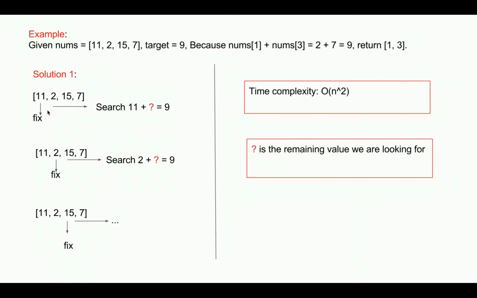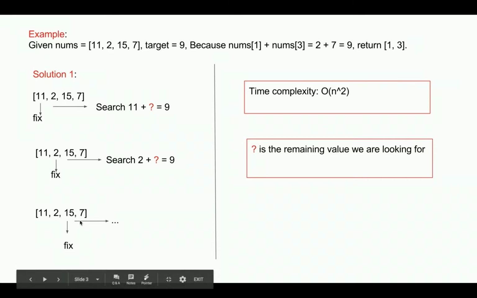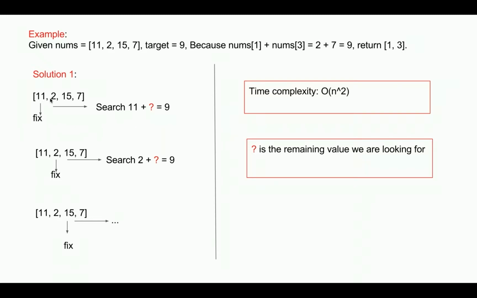So we first fix 11, and then fix 2, and then fix 15, and then fix 7. So this is one for loop, and this is the second for loop. So the time complexity will be 2 for loops, so that is O(n squared).